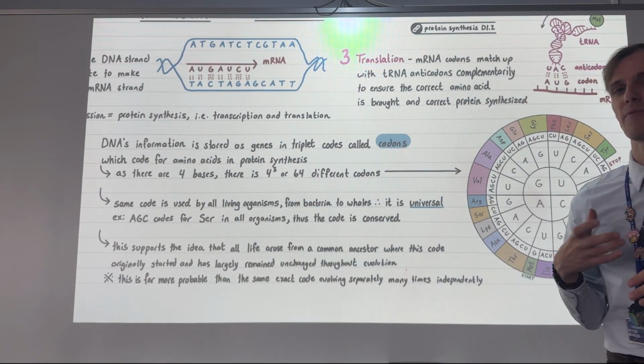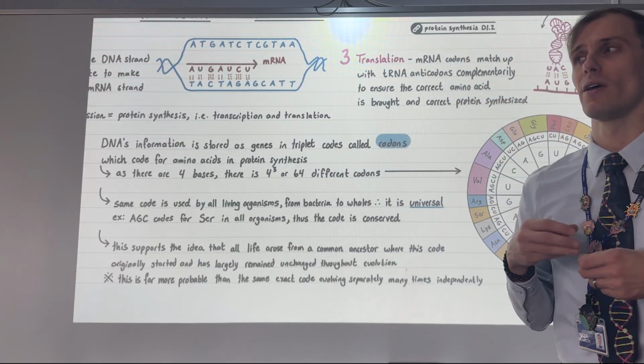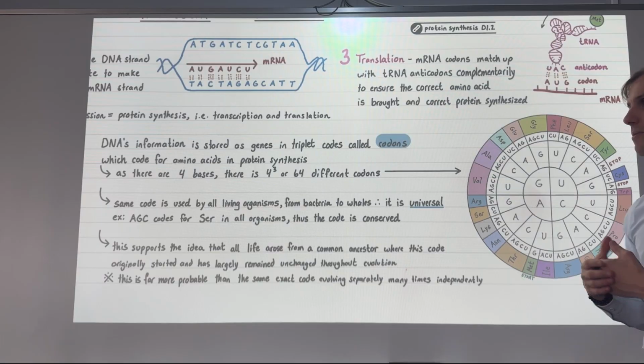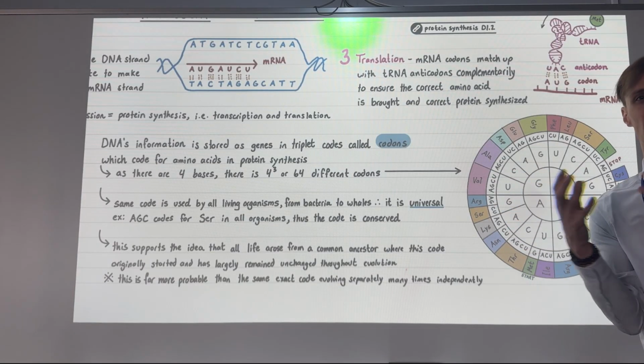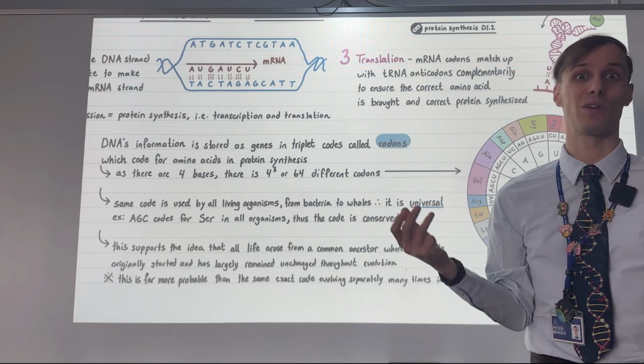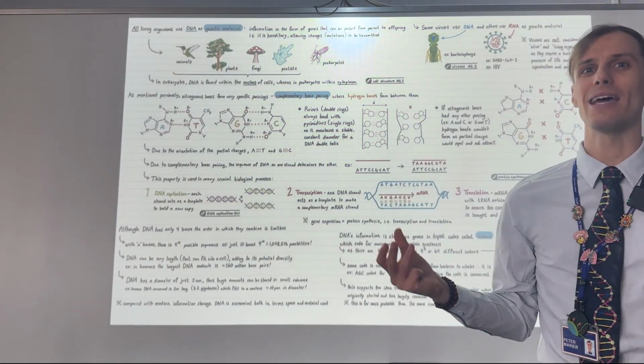We'll be using this type of argument a lot in biology. It's called the principle of parsimony, the simplest explanation is usually the most probable explanation. So the fact that all of us share the same code is a really strong piece of evidence to suggest that we're all related.